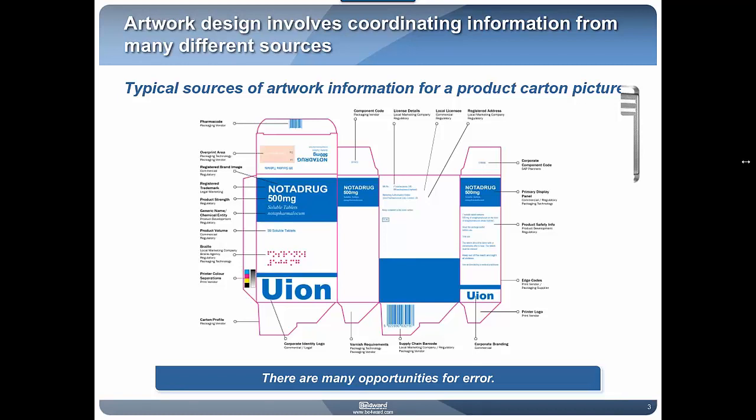However, if we think about maybe price that's got to be put on some packs in some markets, what's the process for how that price is agreed in a local market, and how is that communicated through to the artwork teams? So it's not just about the core pieces of information, it's about any piece of information that goes onto artwork. And there are obviously many opportunities for error in trying to do that.